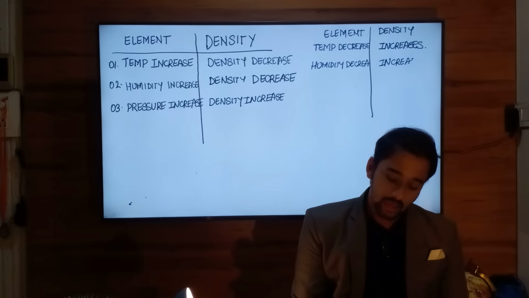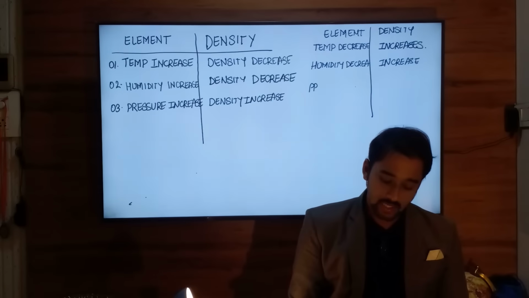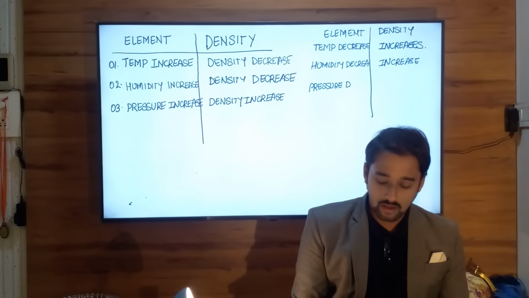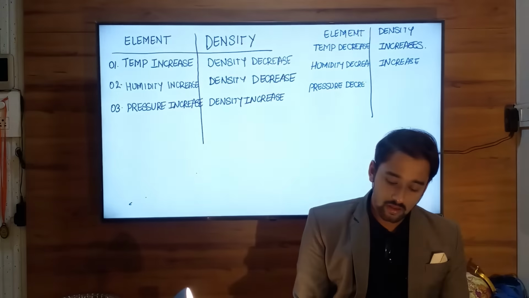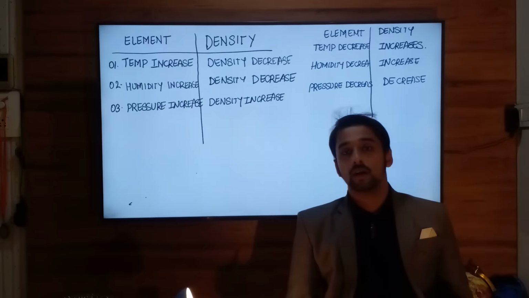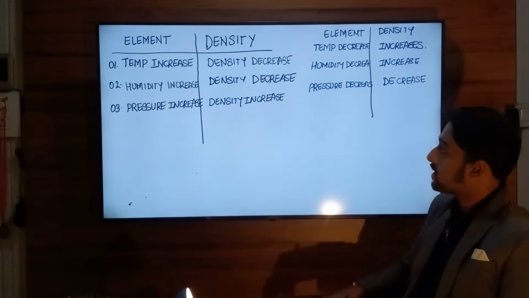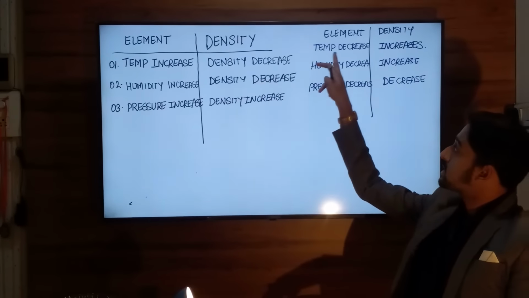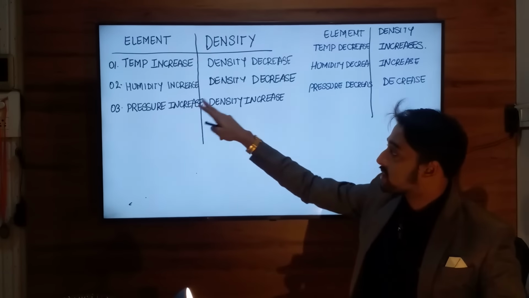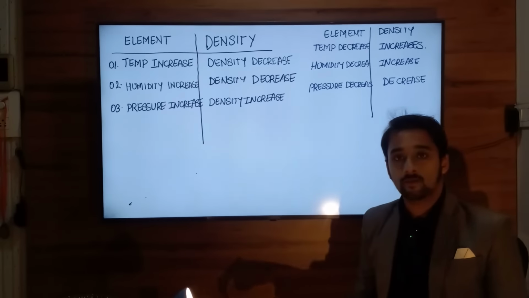And as pressure decreases, your atmospheric density will decrease. So remember these comparisons that I have made over here: temperature increase and decrease, humidity increase and decrease, pressure increase and decrease. You have to remember this.